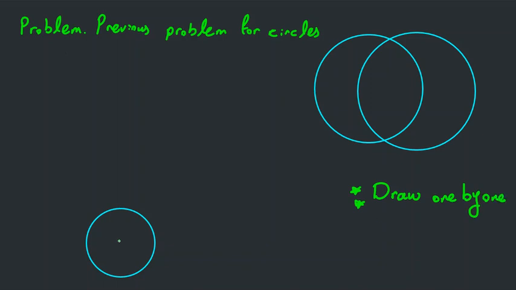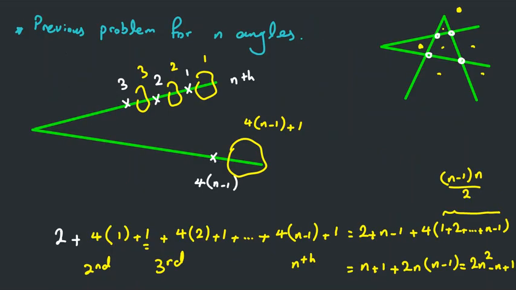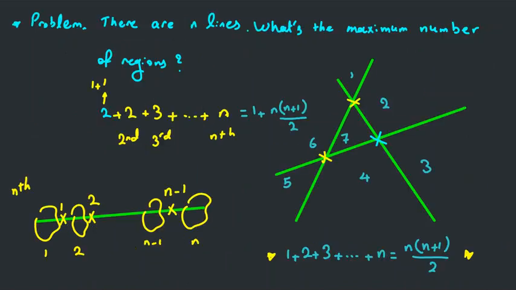So the first circle, how many regions are there? 1, 2. Now let's draw the second circle. How many intersections are there? 2. When we have 2 intersections, it passes through 2 regions, so it adds 2. In the previous ones, angles and lines, with n minus 1 intersections we had n minus 1 plus 1 regions.